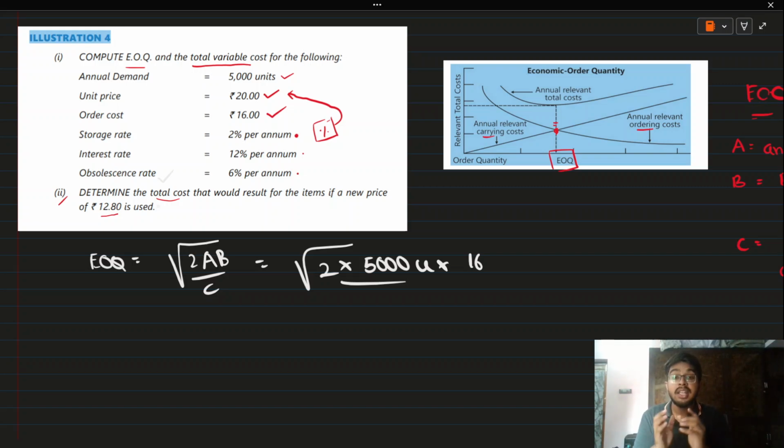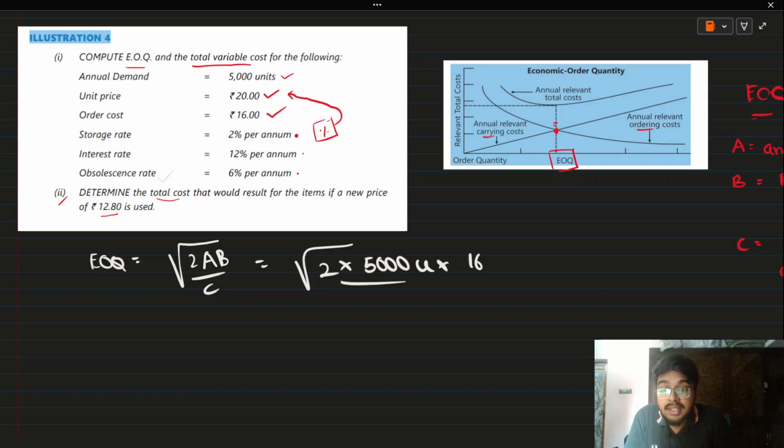For example, if we do not consider obsolescence rate, EOQ might say buy 5000 units. But since my risk premium is 6%, EOQ will say don't buy 5000 units, buy less, buy 1000 or 2000 units because risk premium is 6%. So obsolescence rate should also be added in the carrying cost.